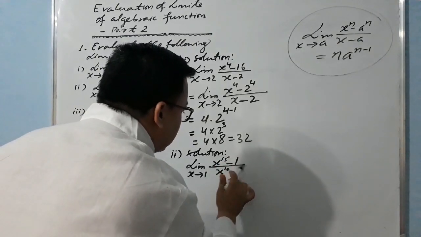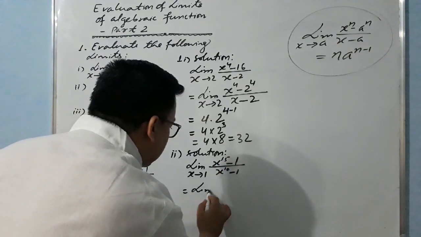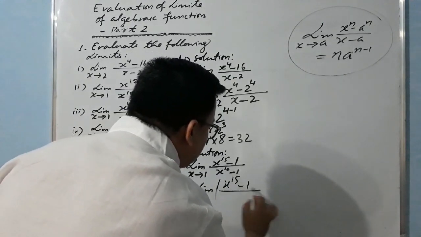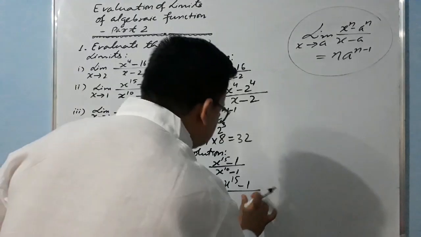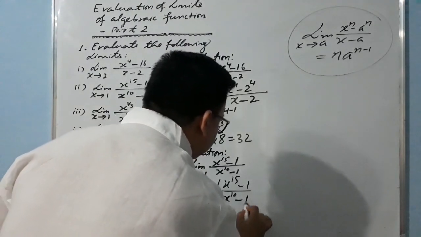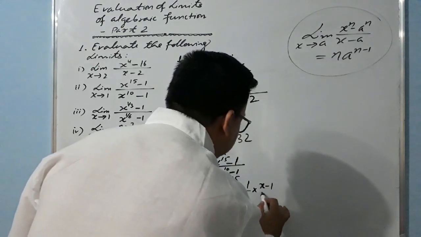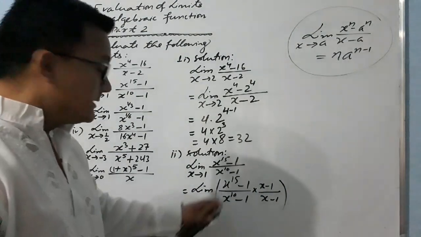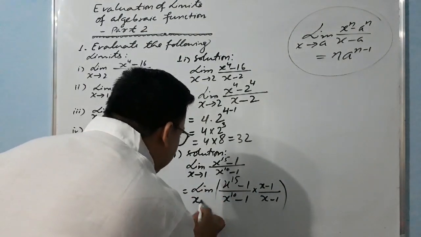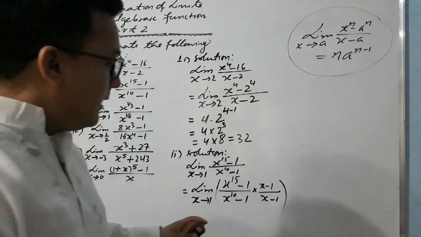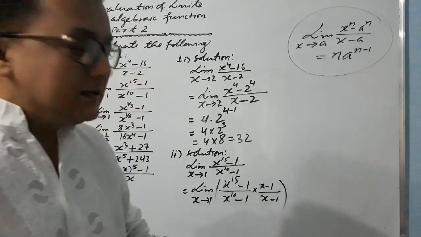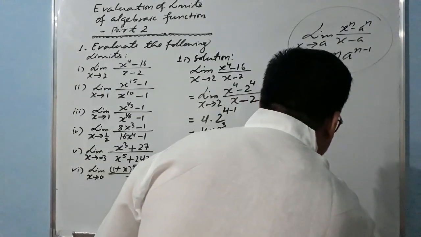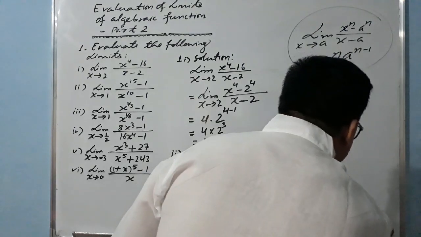Although x is 1 everywhere here, we can write the limit this way: x raised to power 15 minus 1 upon x raised to power 10 minus 1, multiplied up and down by x minus 1 upon x minus 1. Any question? We can multiply up and down, as you know, since x tends to 1, which implies x minus 1 is not equal to 0.